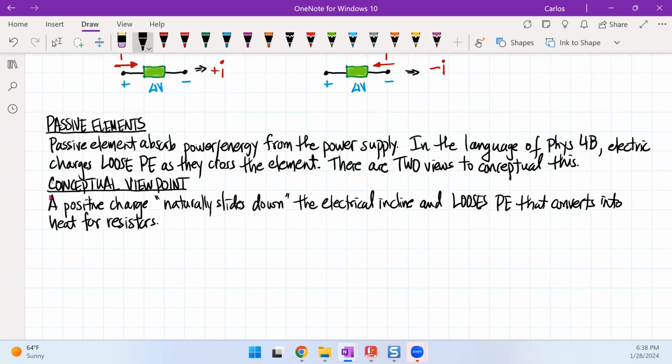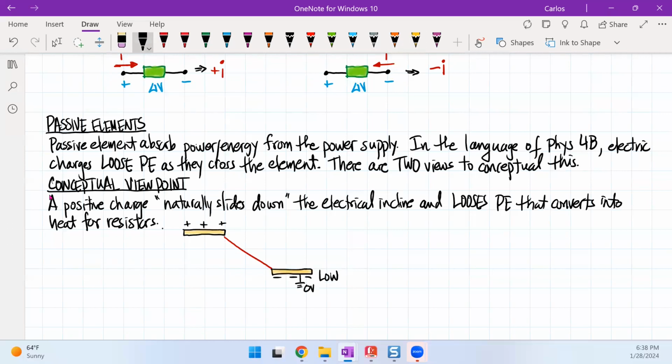So picture-wise, we have an incline. And this incline is going to go down to here. And we have our other plate. So if I see that this is positive and this is negative, we typically call this the ground, which is 0 volts, which is going to be the low.